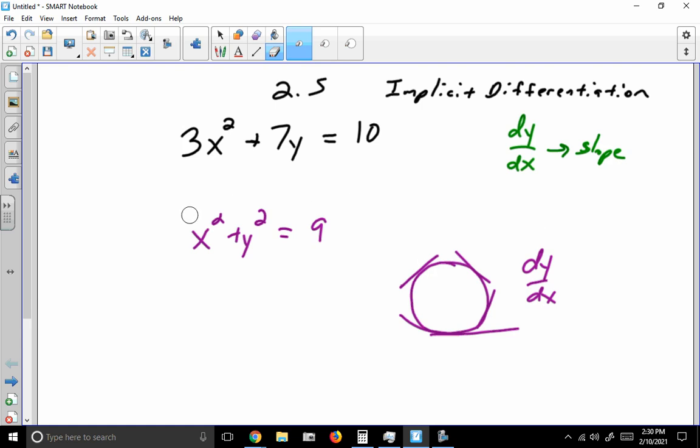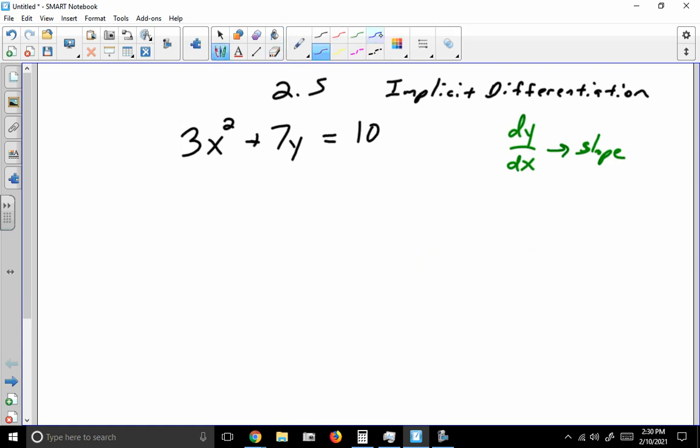So let's start off with this example. And since x is our independent variable, we're going to begin by taking the derivative with respect to x. Just like we have on all the other equations that had y equals something with x's or f of x equals something with x's, we're going to differentiate with respect to x.